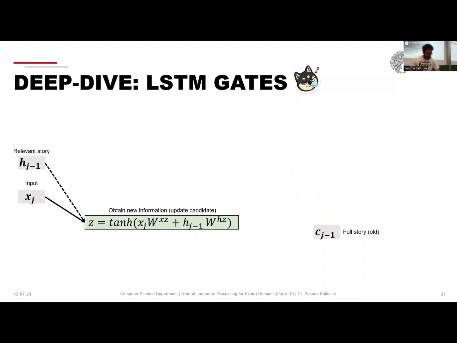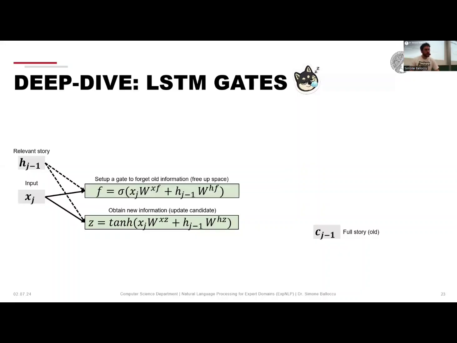So we need, guess what? A gate. So we have a forget gate, which again takes the input and the relevant story, the short-term memory, and learns a gate to free up some space. Now, look at this. We have a tangent here, because that's information, but we have a sigmoid here, because a sigmoid maps your values between 0 and 1.